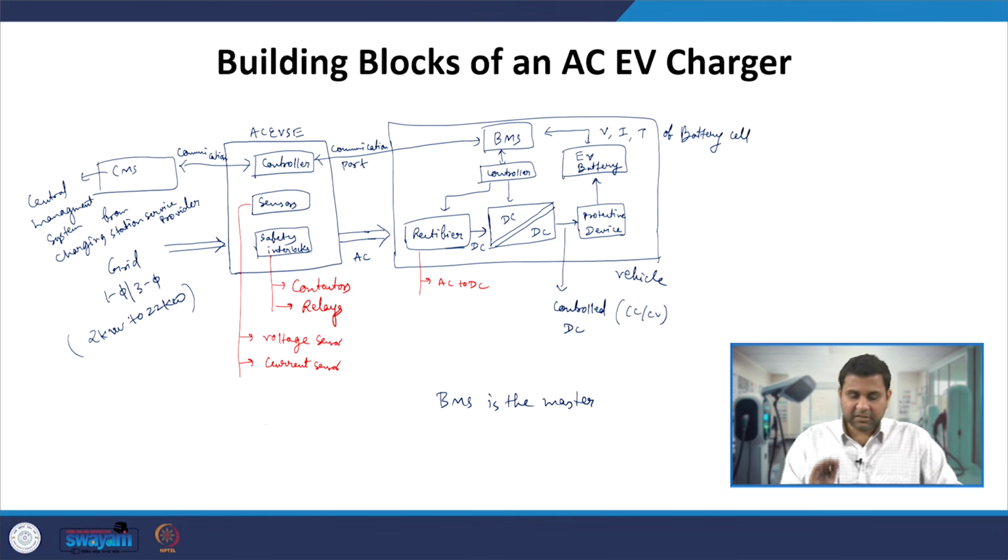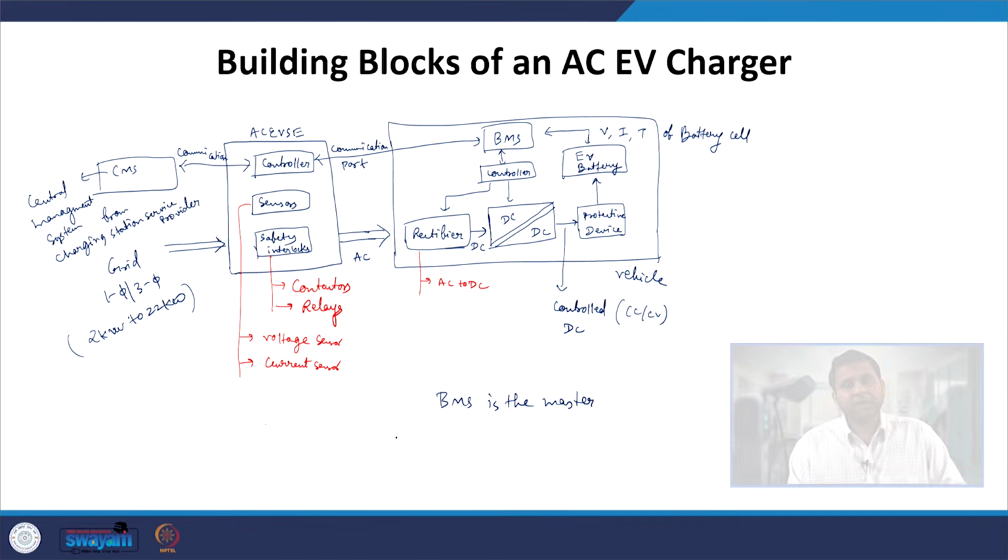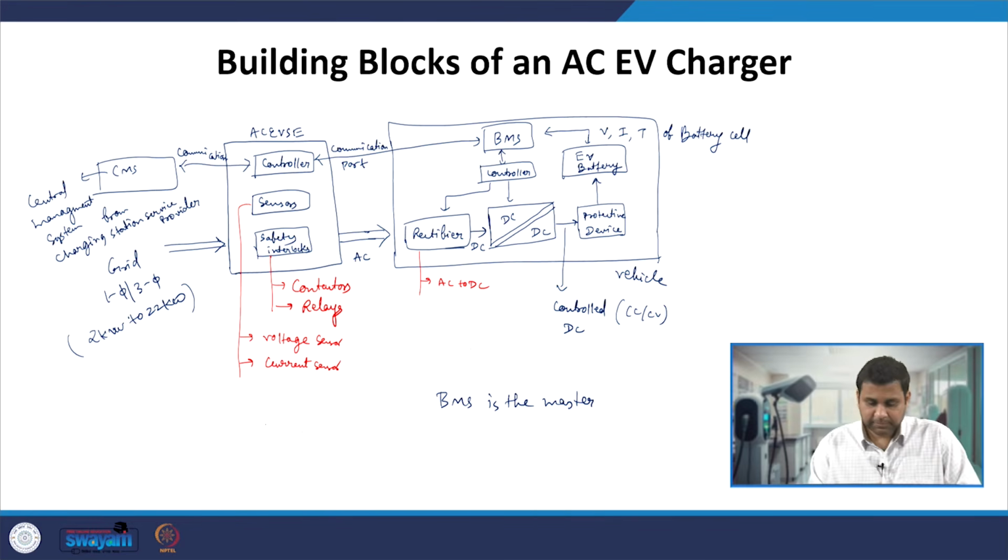All this information is communicated by the BMS to the controller of this power conversion unit, and at the same time it also communicates with the AC EVSC, and it is the BMS which tells the AC EVSC whether the battery is ready to accept the charge or not.